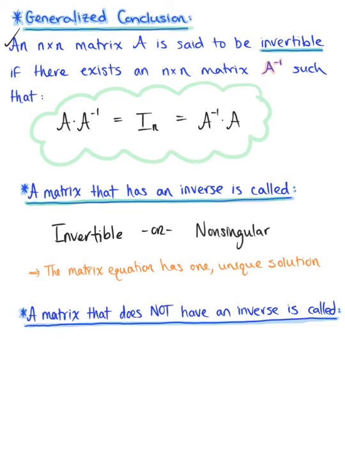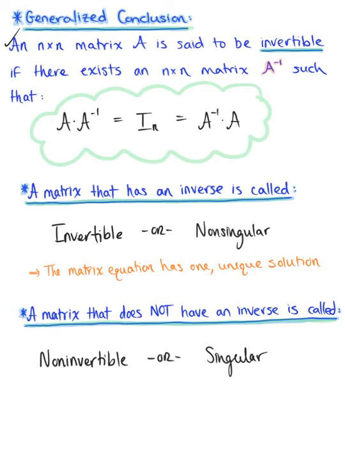Now, a matrix that does not have an inverse is called a non-invertible matrix. Or it is sometimes also called a singular matrix.